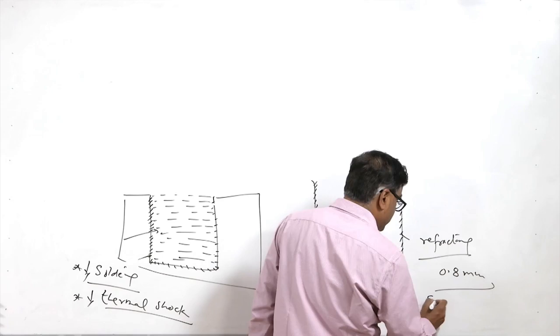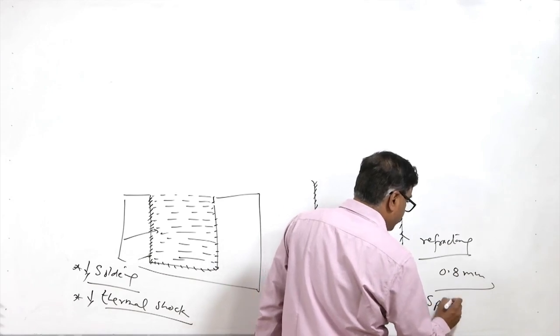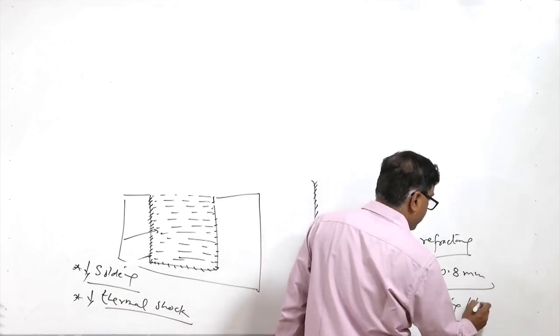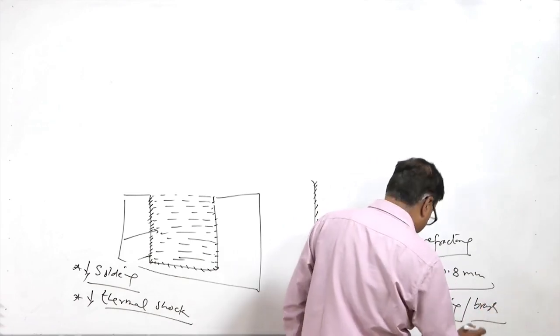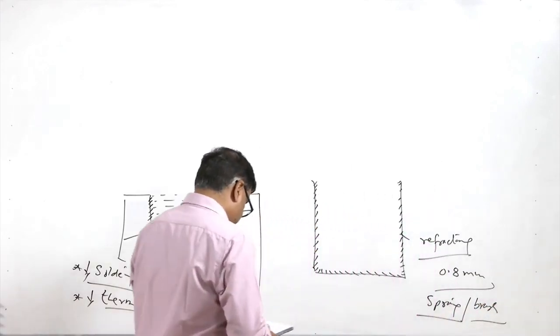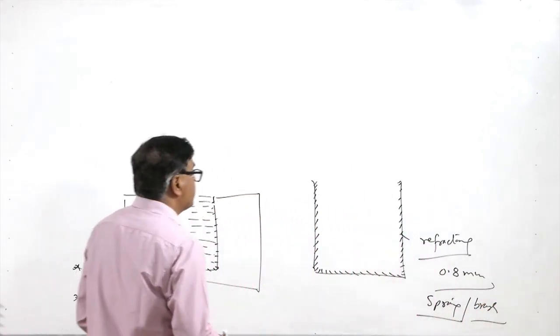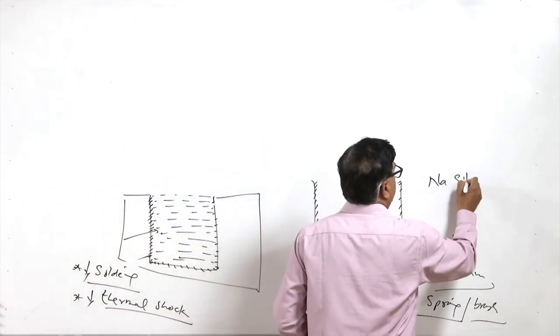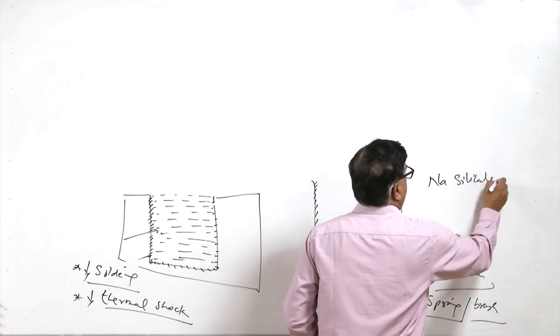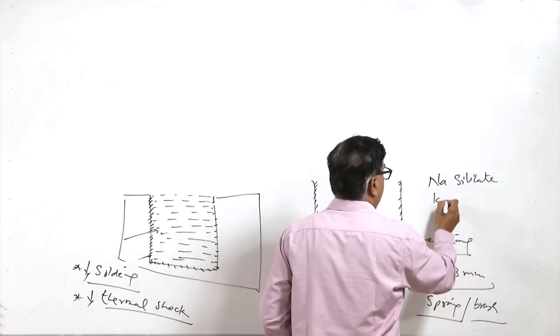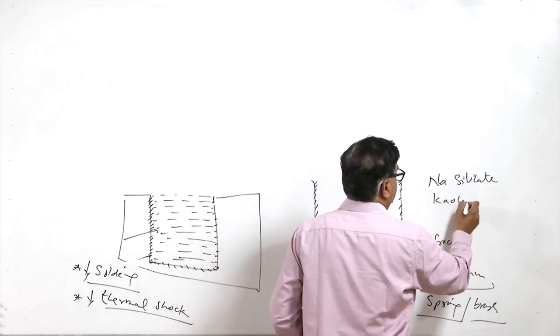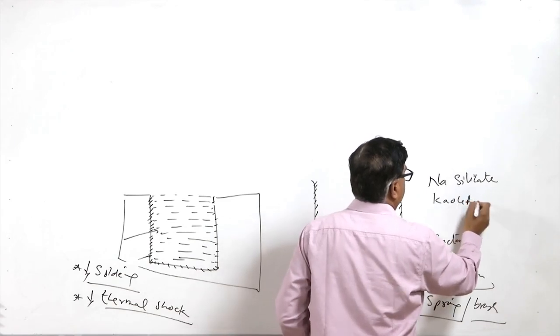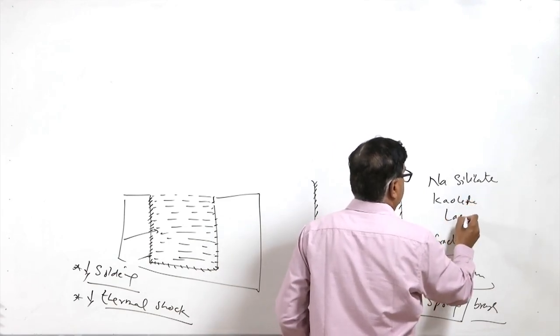This can be applied either with the help of a spray or with the help of a brush. And for this purpose, sodium silicate, kaolin plus talc is used.